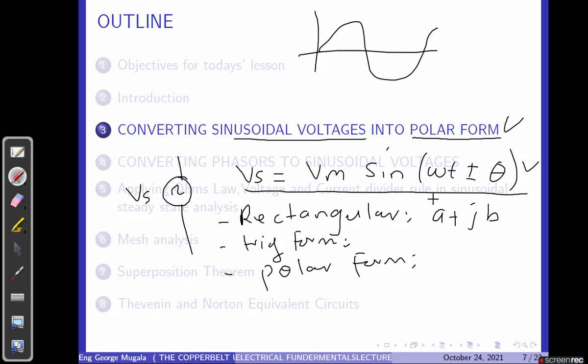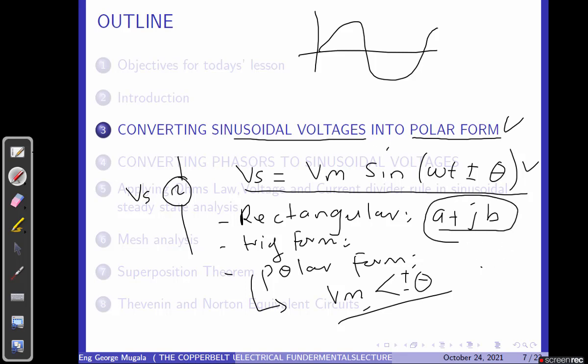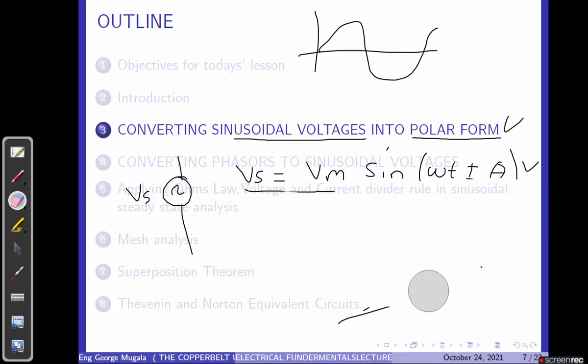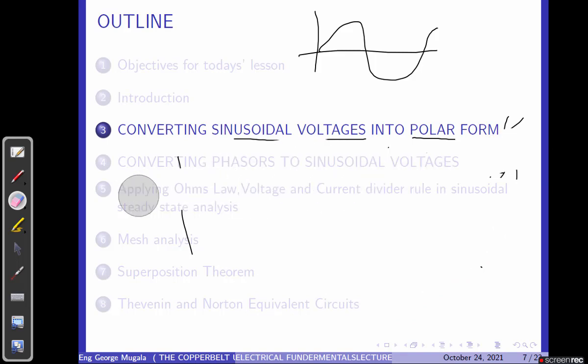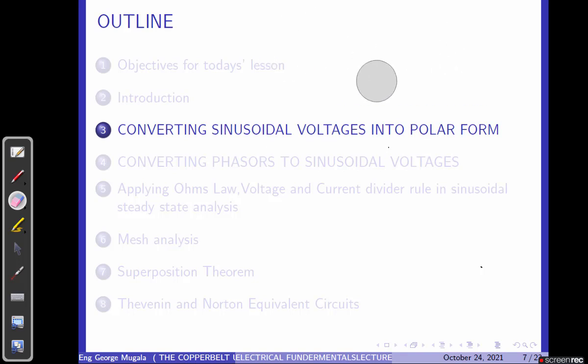In the polar form, we have, for example, something like Vm, and then plus or minus as the angle. So how do we change a sinusoidal format like this into that? We can do that directly, or we can eventually get into the rectangular format as well. You've got to watch my previous video that I gave you. But real quickly, let's dive into how we change the sinusoidal voltage into polar form.